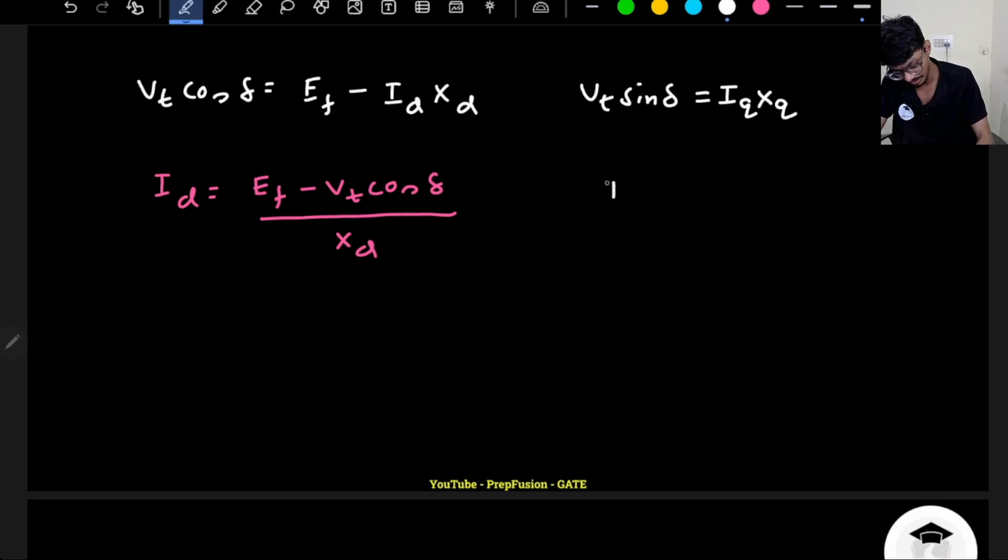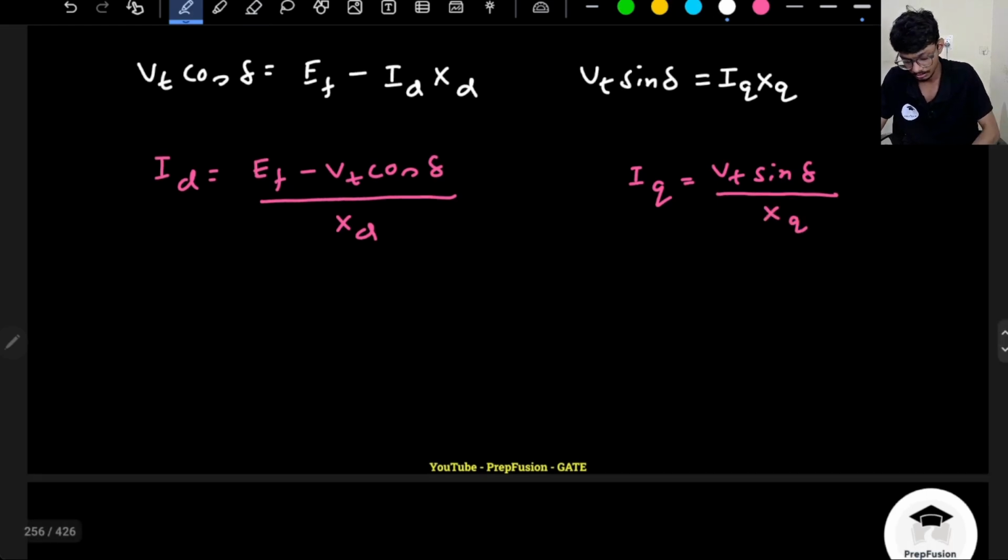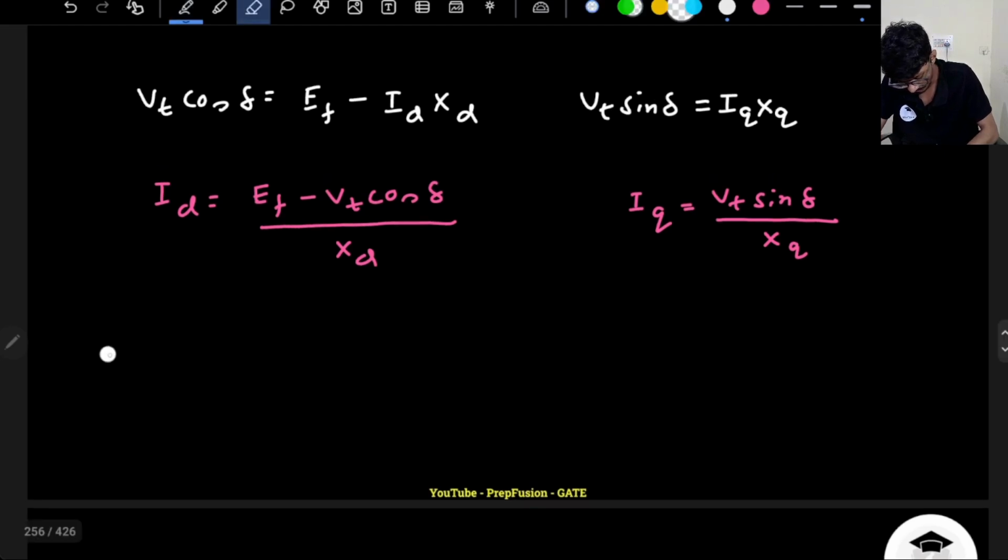Same in case of IQ. IQ will be VT sin delta divided by XQ.